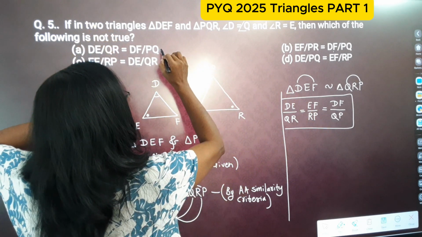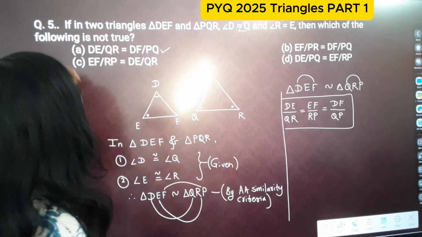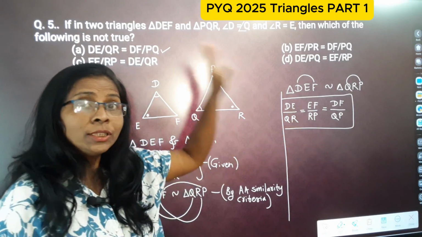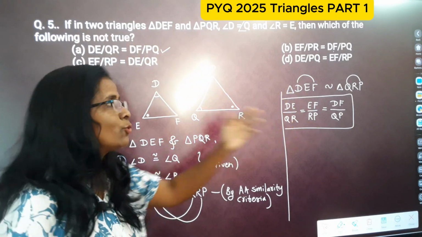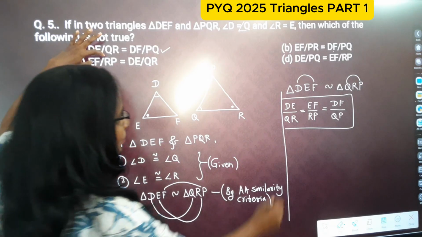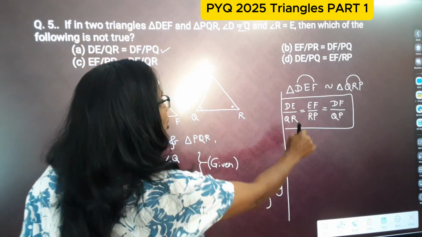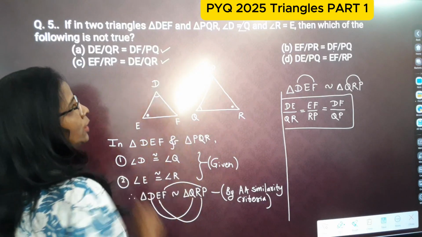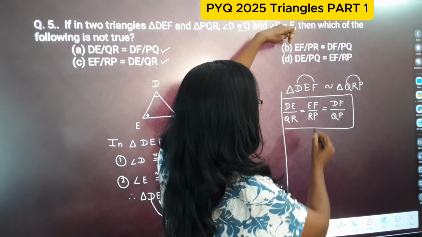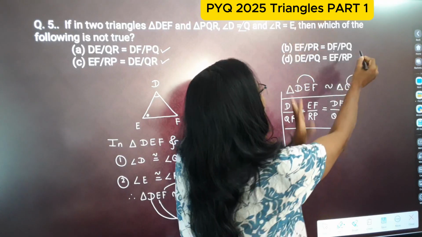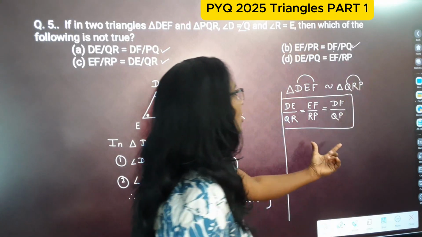So this is not the final answer. Now EF upon RP is equal to DE upon QR, it is also as per this ratio. Now EF upon PR is equal to DF upon PQ, it is also as per the given ratio.